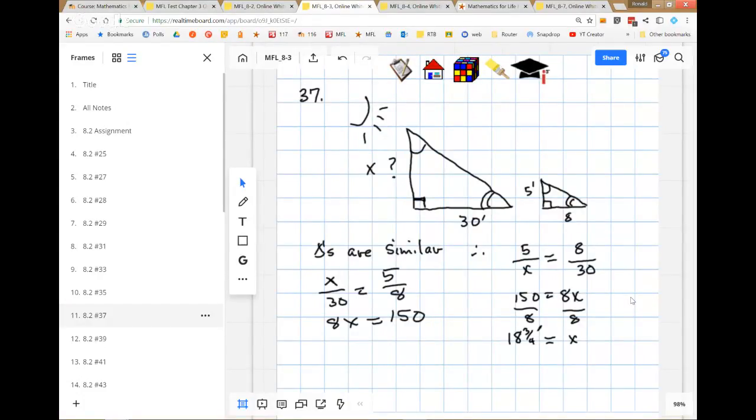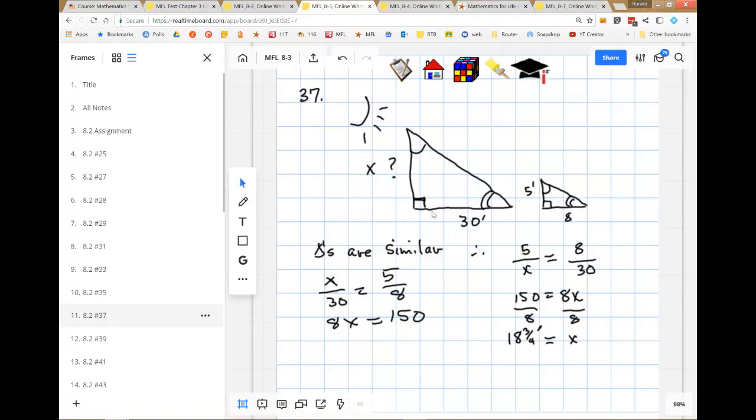We've got a telephone pole, which is supposed to be the left side of this triangle where it says X equals. The sun's coming down and shining, and the telephone pole casts a 30-foot shadow.